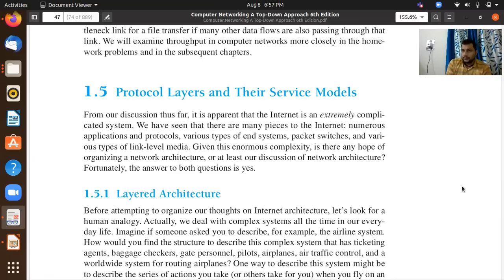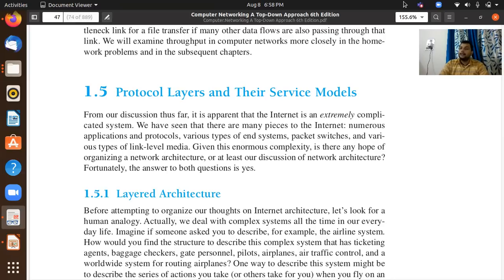So as we know, the internet is complex. There are n number of entities involved in the internet, which is making it complex. There are heterogeneous devices. There are different types of links connected. There are different types of routers, switches. So many entities are involved, and there are so many devices which are coming in and going out.